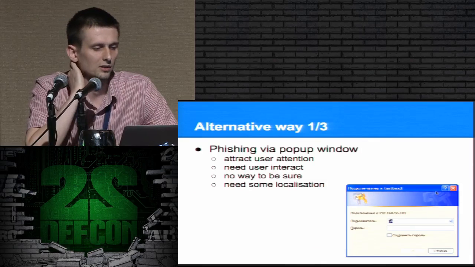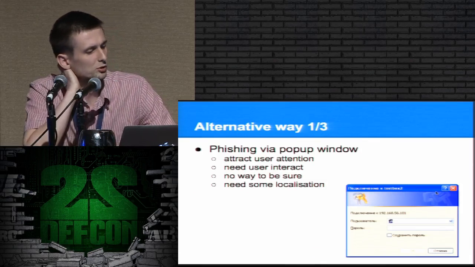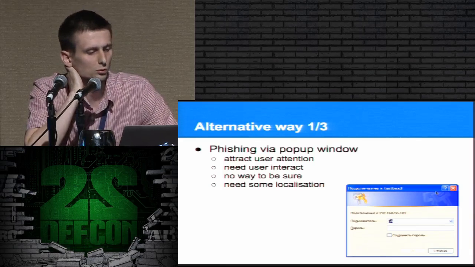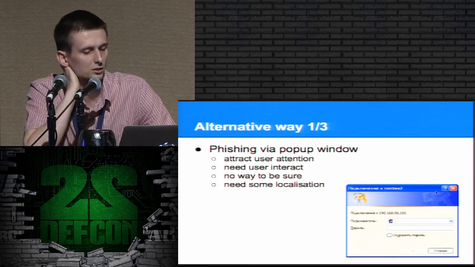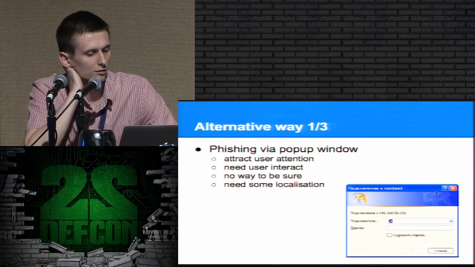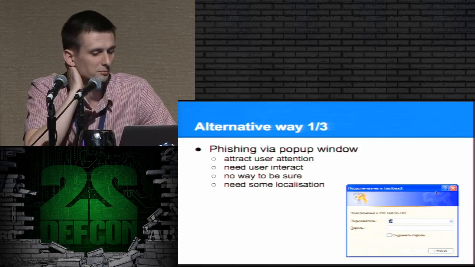There are some alternative ways. For example, we could try to pop up a window that could look like that. It's a standard window from Windows XP, but as you may notice, there are some letters in Russian.